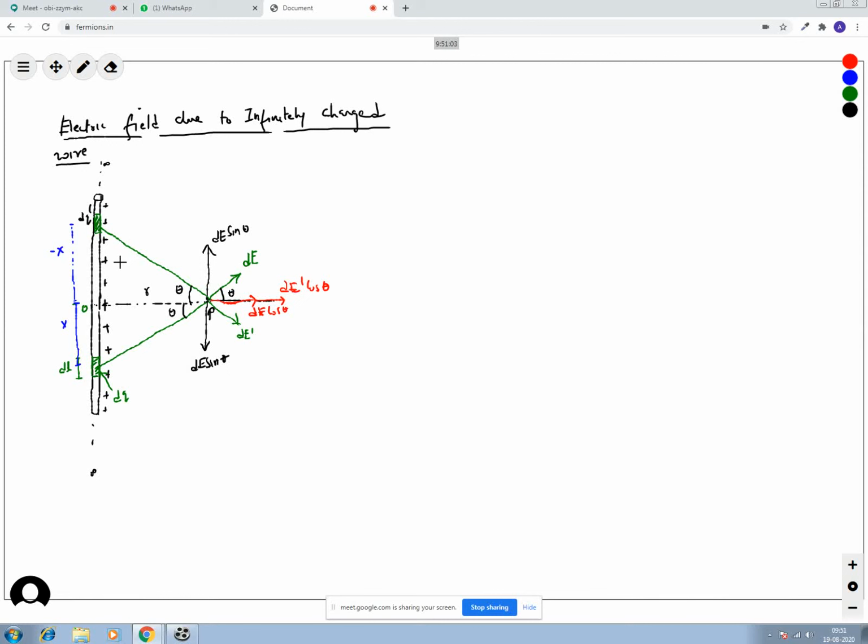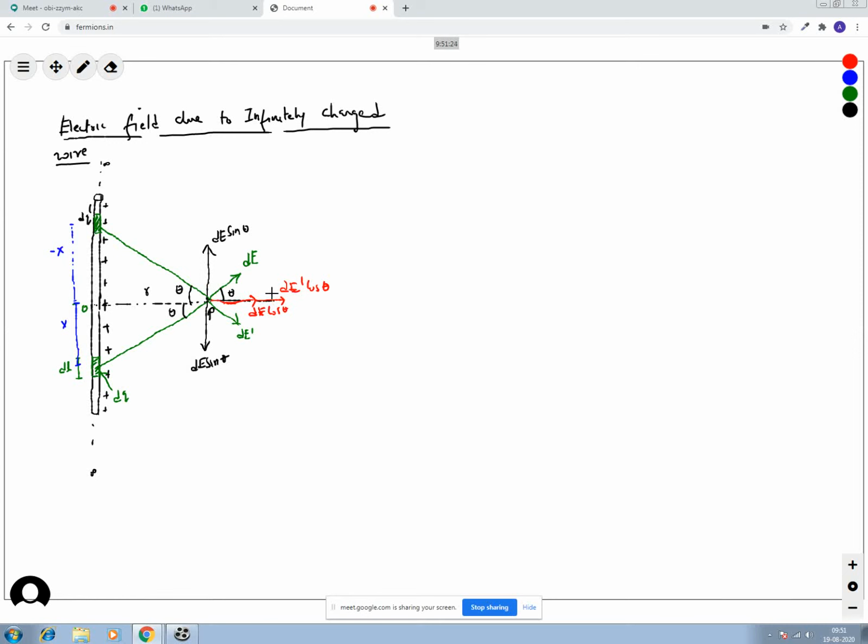Now we need to find the net electric field there. We have resolved the electric field dE into dE sine theta and dE cos theta, and dE prime, due to dq prime, into dE prime cos theta and dE prime sine theta.